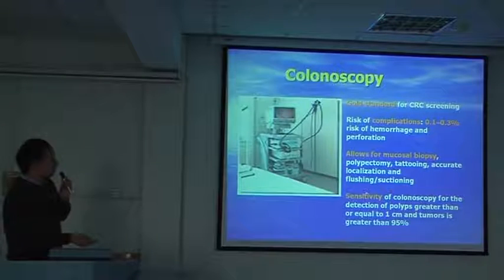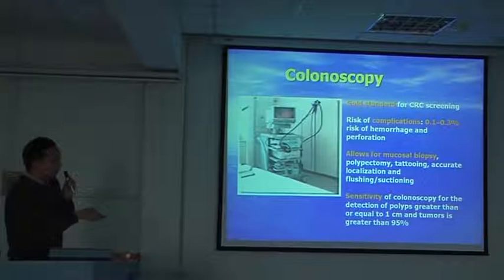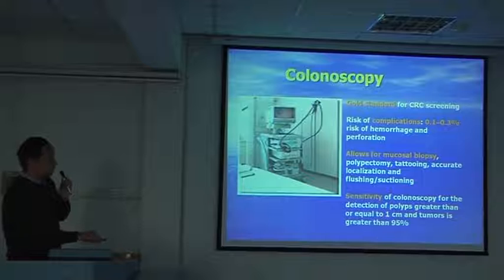Also flushing and suction. The sensitivity of colonoscopy for the detection of polyps is greater than 95% if the tumor is more than 1 centimeter in diameter. That is very high.